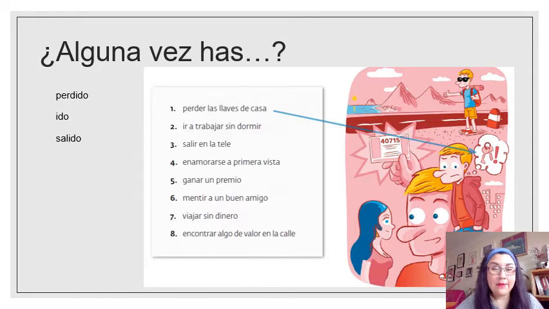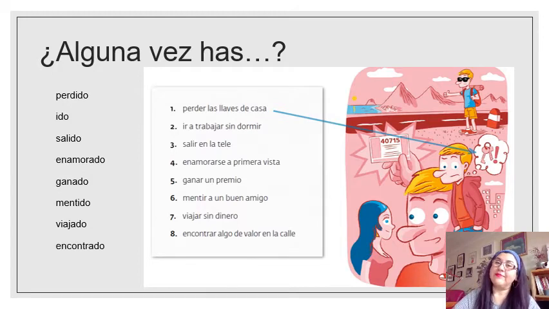El verbo enamorarse, remember, se means it's reflexive, but it's enamorar, an ar ending verb: enamorado. Ganar, ganado. Mentir, mentido, that's right. Viajar, viajado, and encontrar, encontrado. That's pretty easy. All of these verbs are either ado or ido, regulars.